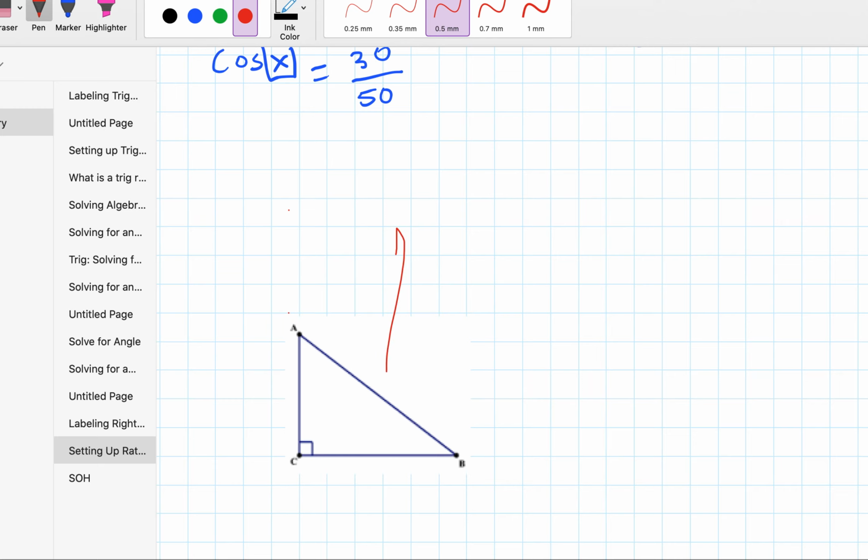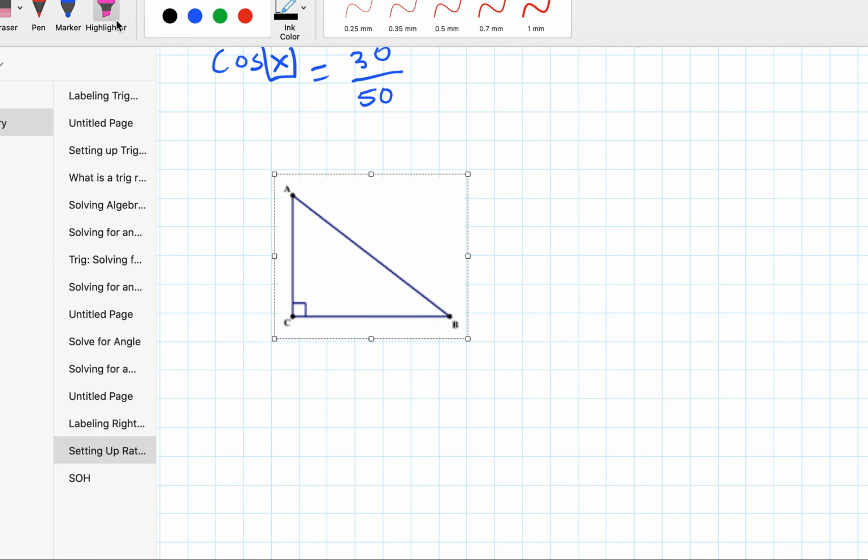So now let's take this right triangle, and instead of using the top angle, we'll use the bottom one. So my reference angle this time will be angle B. I'm going to label my hypotenuse. Let me give us some numbers here.